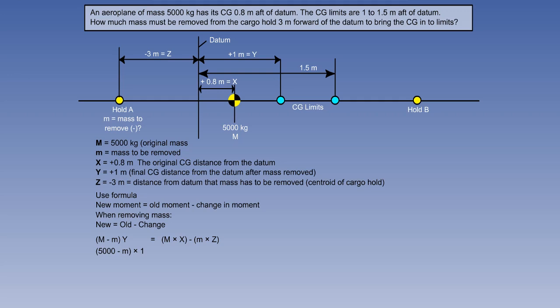Multiply the brackets by y, the final centre of gravity distance, which is 1. On the right of the equation, in brackets, multiply big M, 5,000, by the original centre of gravity x, 0.8, and then minus, in brackets, little m, multiplied by distance mass to be removed, z, minus 3.